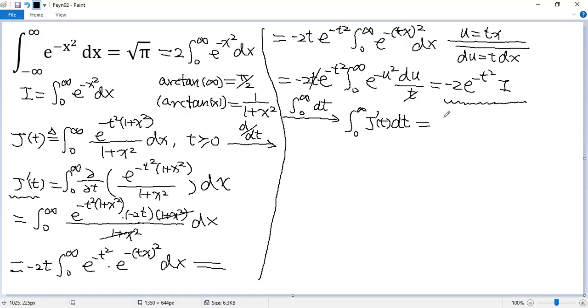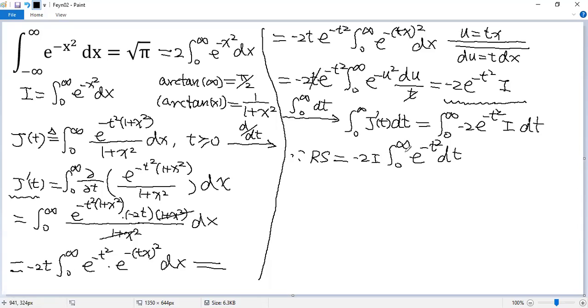The right side is the integral from 0 to infinity of negative 2 e to the power of negative t squared I dt. Let's look at the right side first. Take the constant negative 2 and I out, so we get the integral from 0 to infinity of e to the power of negative t squared dt, that is another I, right? So we get negative 2 I squared.